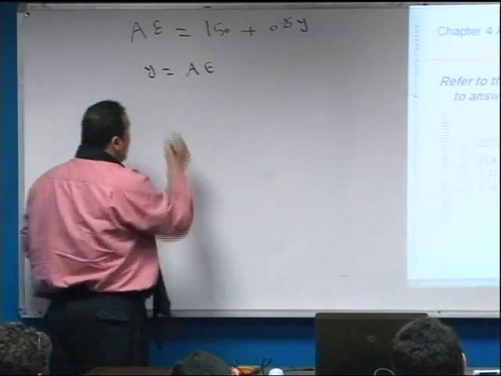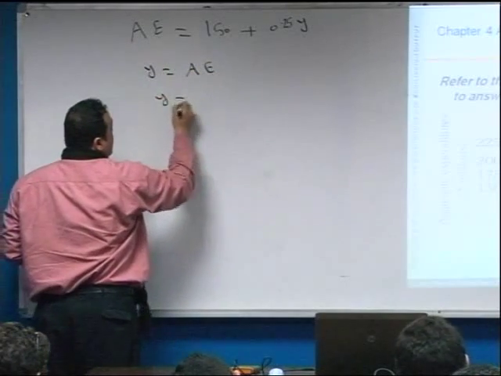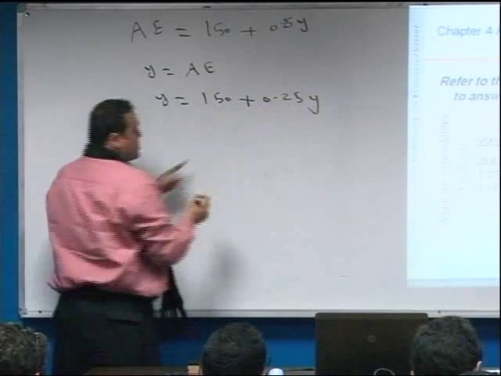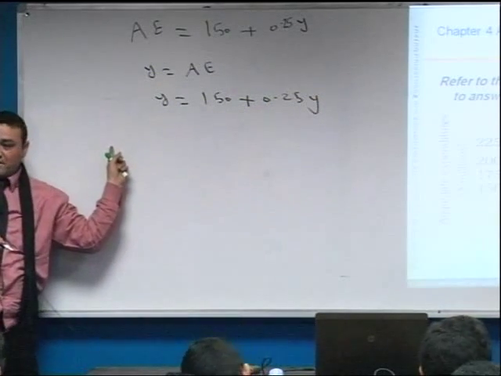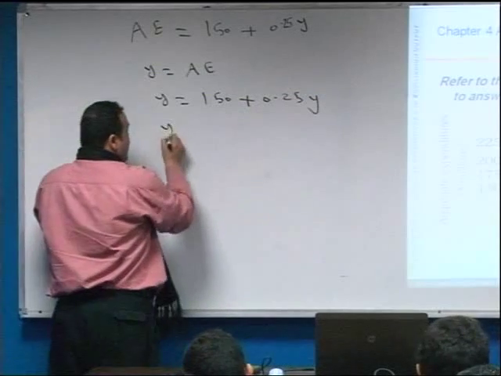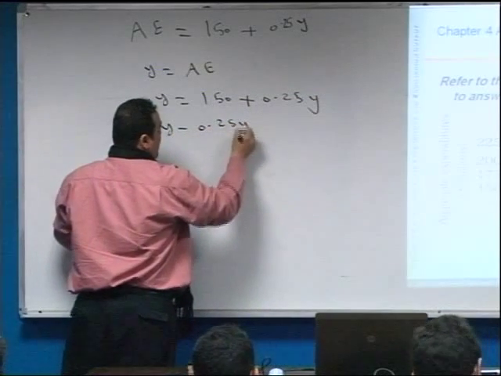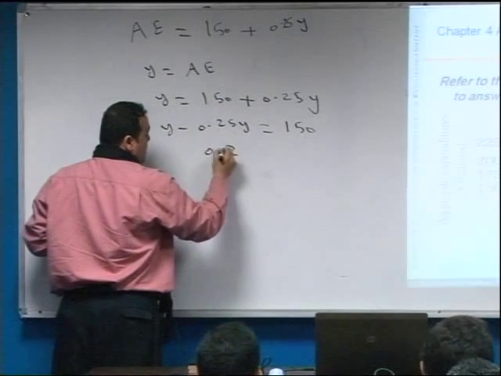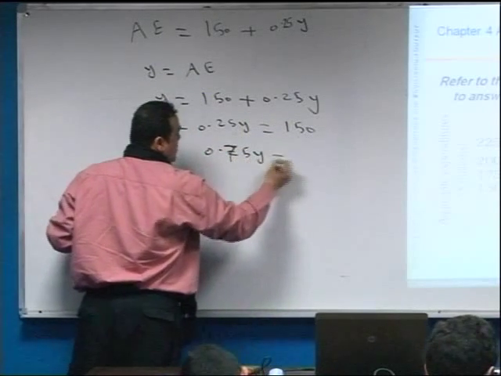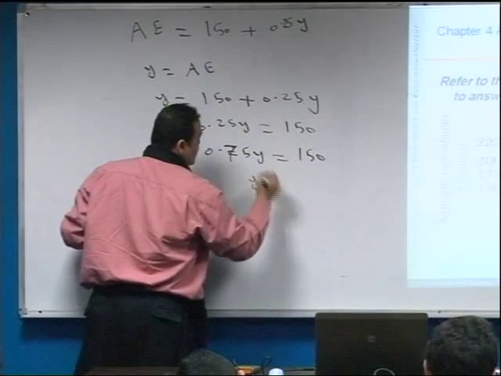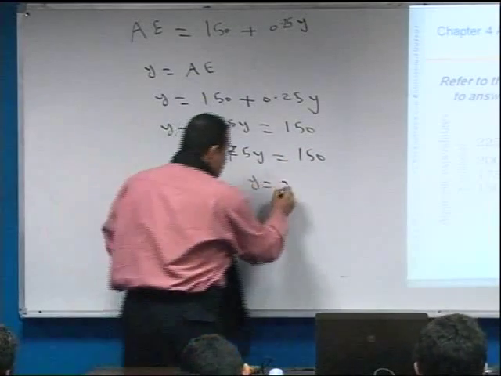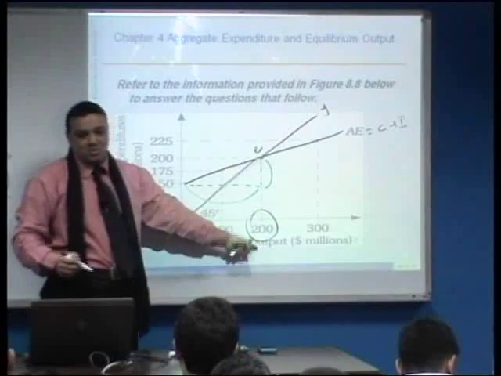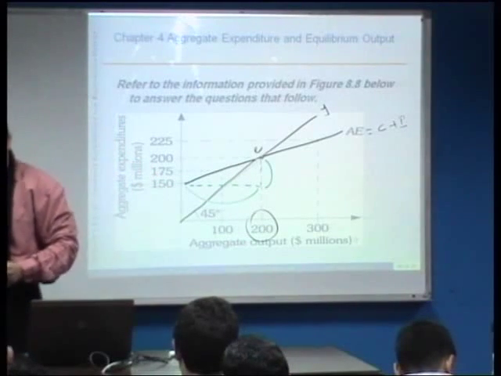So by substitution, Y equals 150 plus 0.25 Y. So Y minus 0.25 Y equals 150, right? So 0.75 Y equals 150. So Y equals how much? 200 exactly. It should be 200 because the equilibrium is 200, as you see, right?